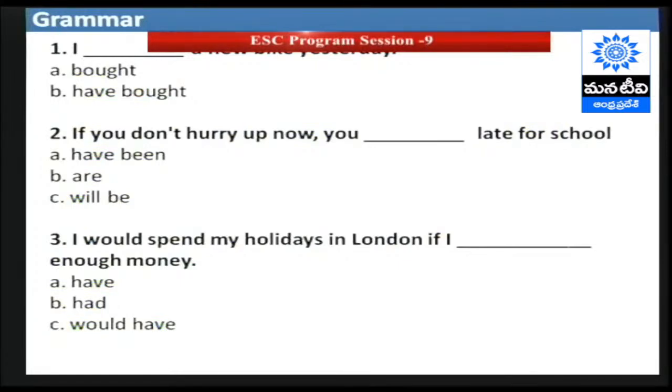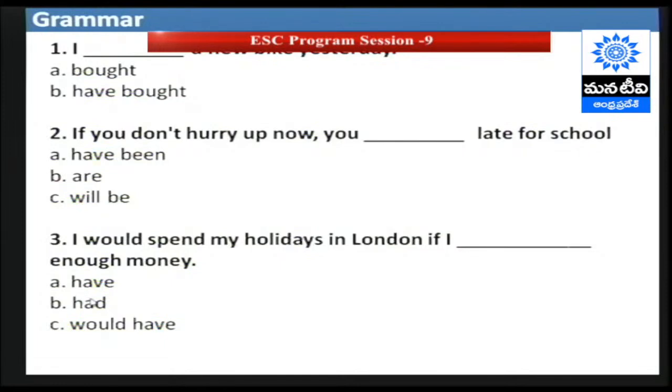Number 3, I would spend my holidays in London if I dash enough money. I would spend my holiday in London if I had. Now, if you already have, then you will be in London.